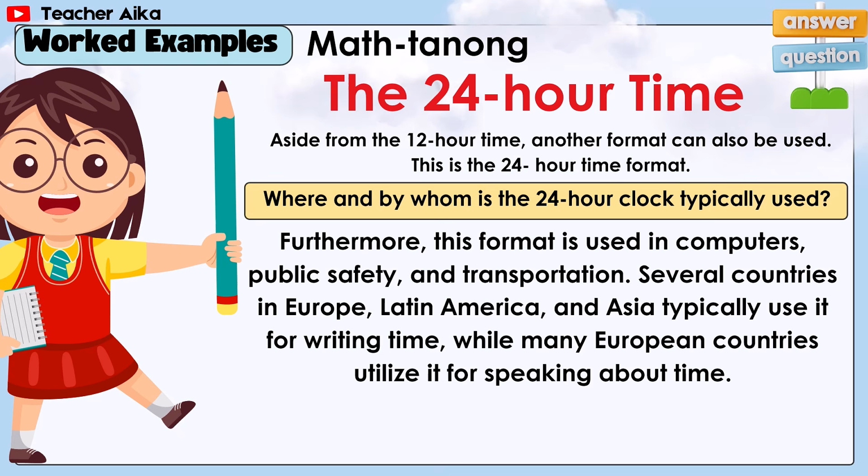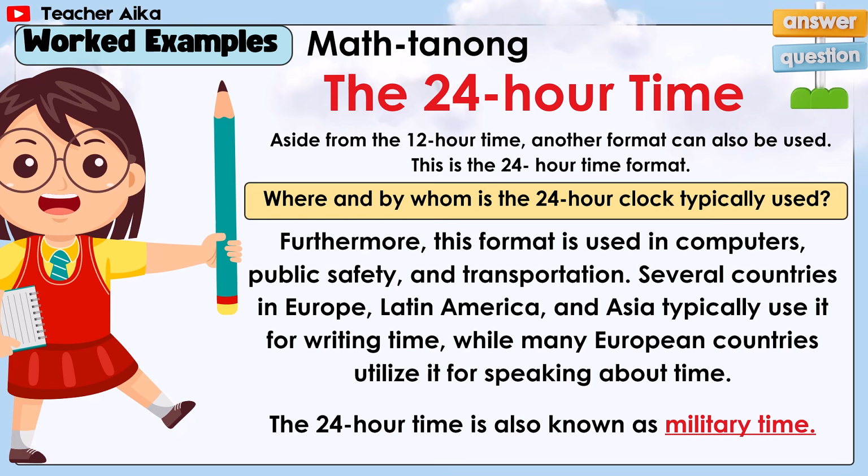Furthermore, this format is used in computers, public safety, and transportation. Several countries in Europe, Latin America, and Asia typically use it for writing time, while many European countries utilize it for speaking about time. The 24-hour time is also known as military time.